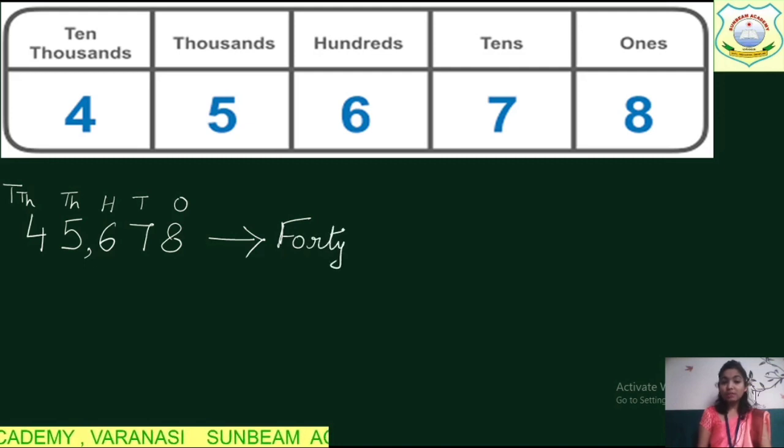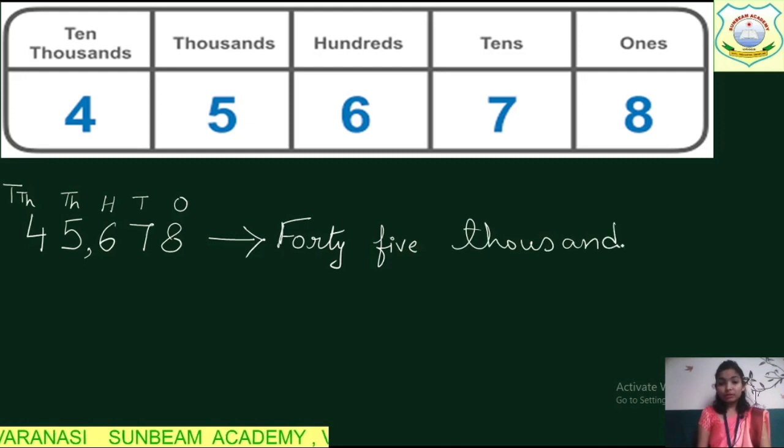Forty. This is the spelling of 40. Don't forget. 45. Now see, the first letter is capital, others will be small. 45,000. Then we have 6 at 100 place, so 600. 678.